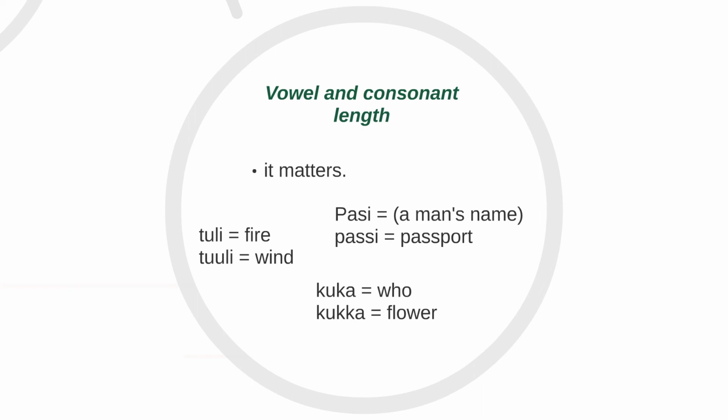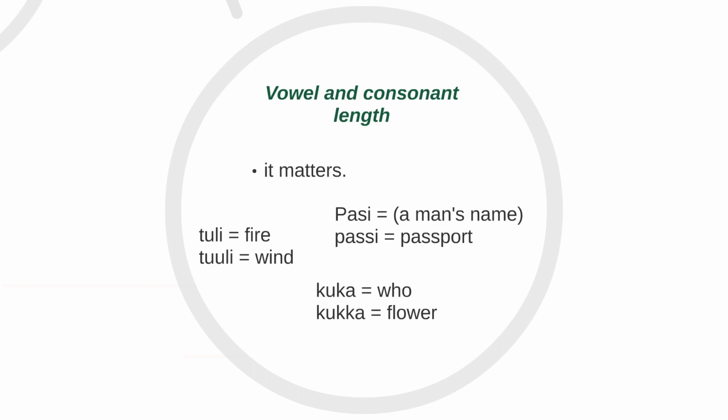And last but not least, vowel and consonant length. It matters. It can really change the meaning of the word. Pasi is a Finnish man's name. Passi is passport. Pasi, passi.